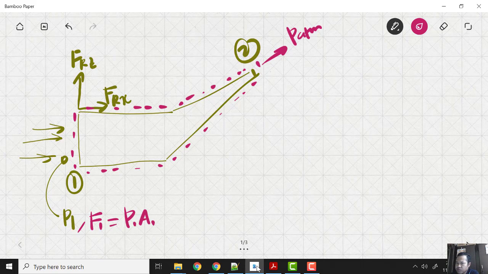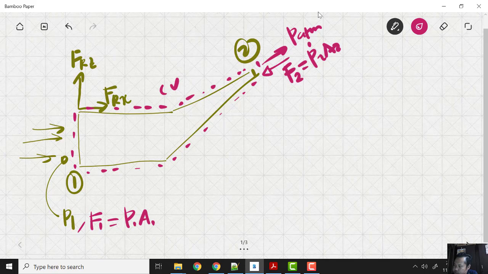Since we study the control volume here, you must remember that the force is applied to the control volume. So at P atm we have a force F2 equal to P2 A2, where P2 is P atm.